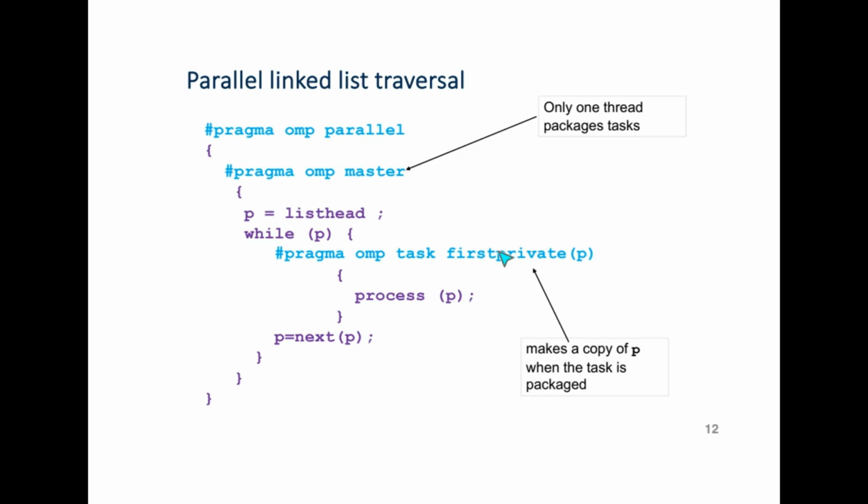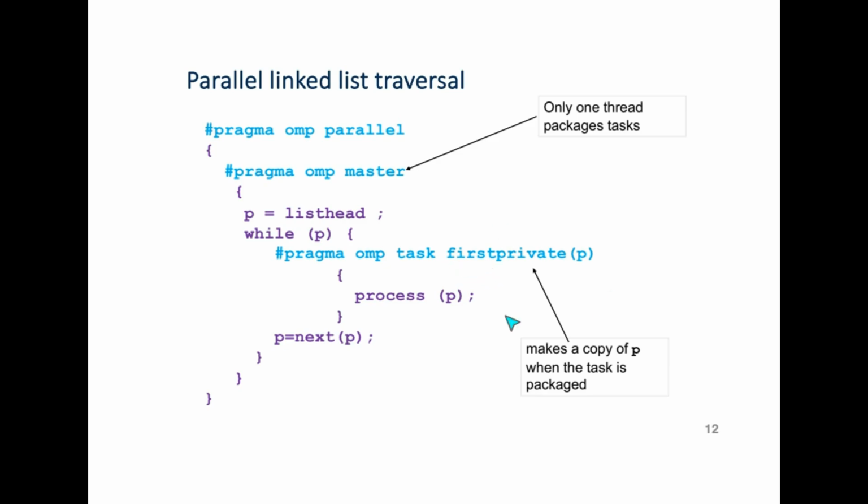That private copy is initialized with the value of P when the task was generated, and it's stored alongside the task. So when the task actually gets executed, it will use that stored private copy of P. That's what's going on here.